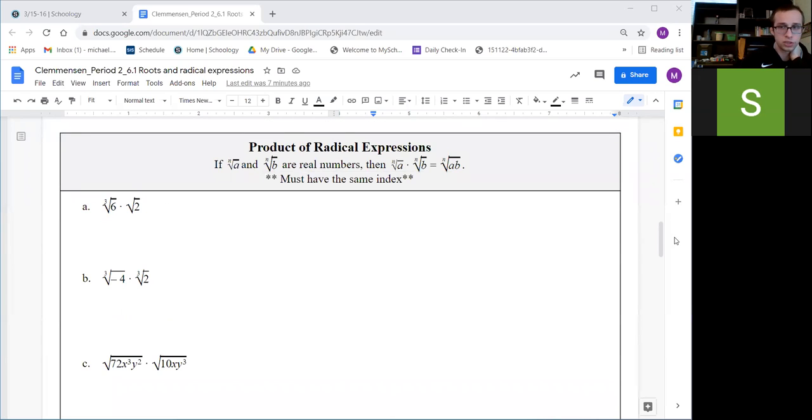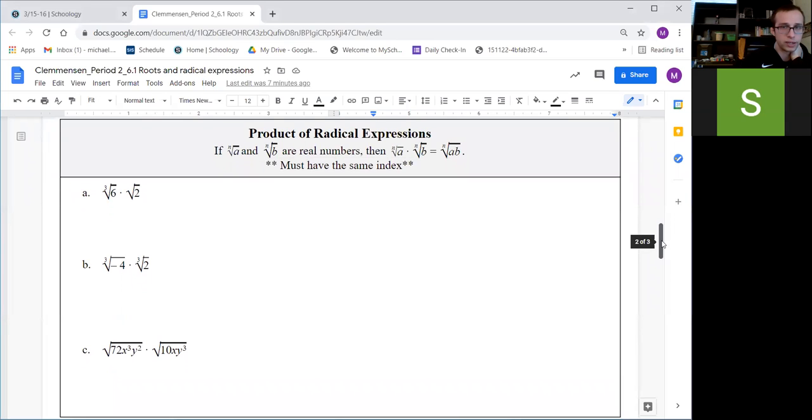All right, first things first though, let's talk about product of radical expressions. When we talk about products, as long as they have the same index, we can combine them into one radical. Right? So since they both have the same n out front, same index, I can combine them into one radical. I repeat, they must have the same index.